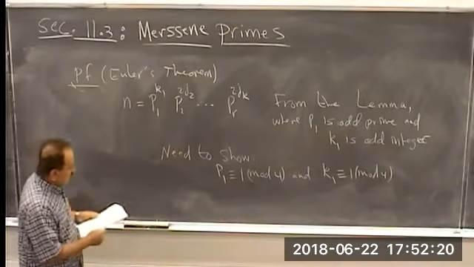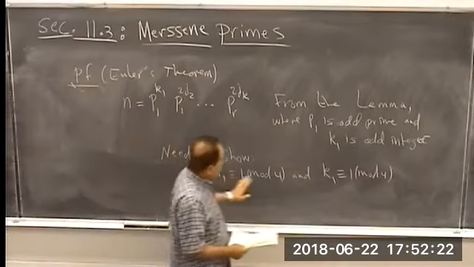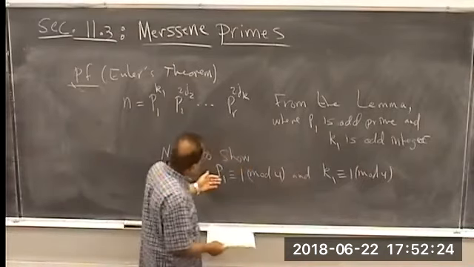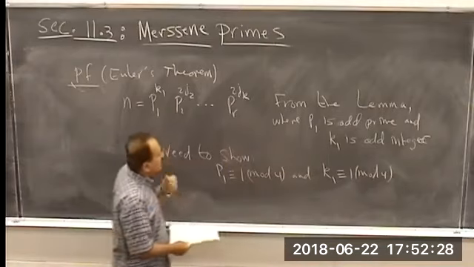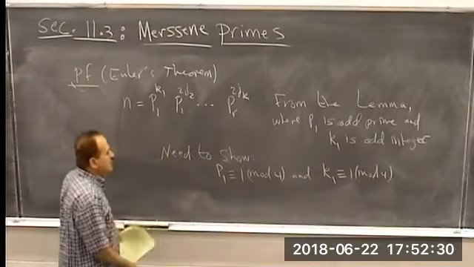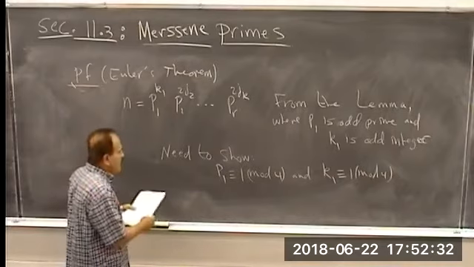So now, since p_1 is an odd prime and k_1 is an odd integer, we only need to show that neither one of these is congruent to 3 mod 4.